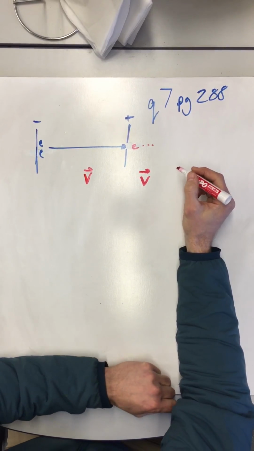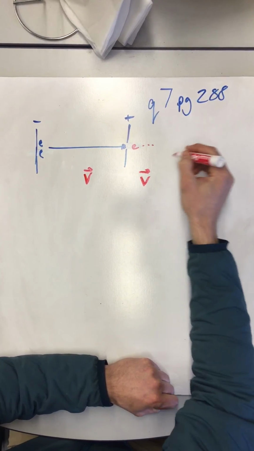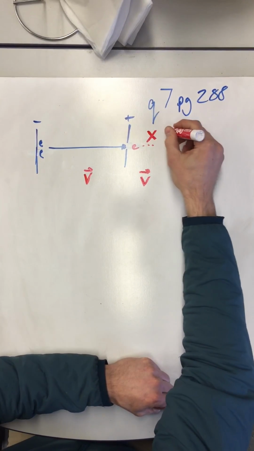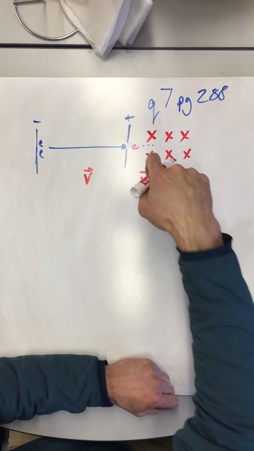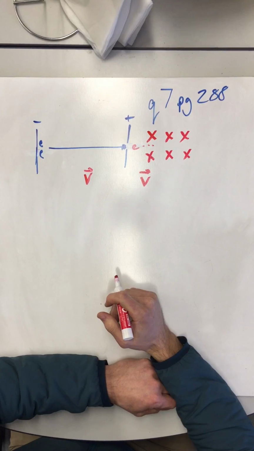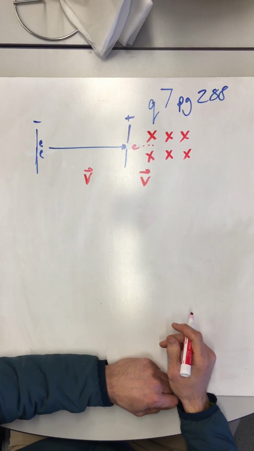And that's crucial. That's a really important piece of understanding, because as it comes out of this side of the plate, there's going to be some kind of magnetic field. So we can imagine that there's a magnetic field like this, which would imply that it's going into the page, and this would create a force on the electron.